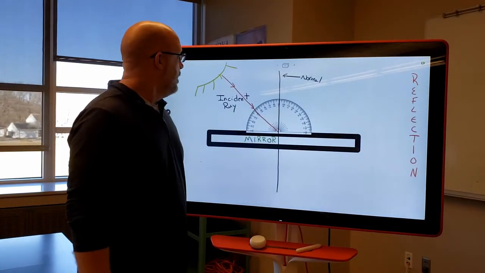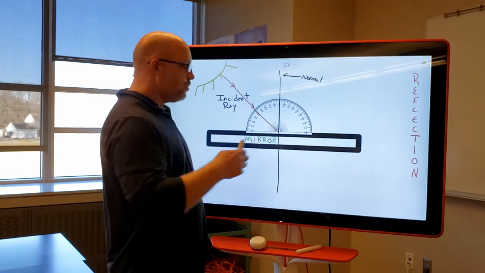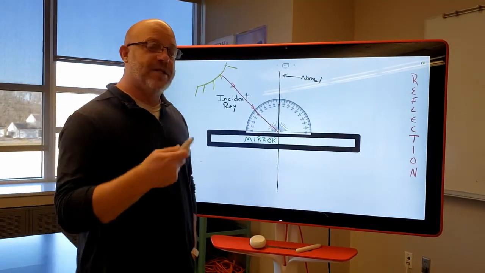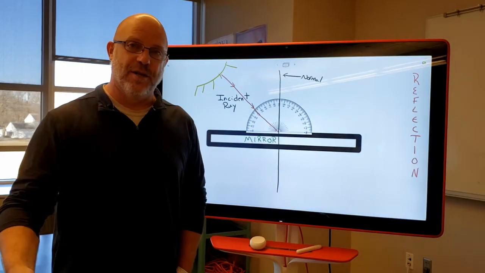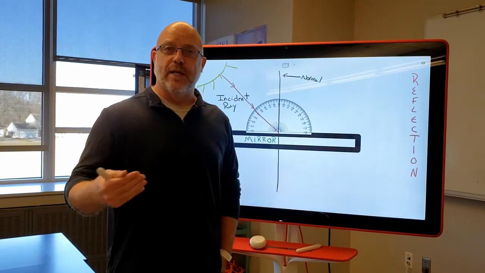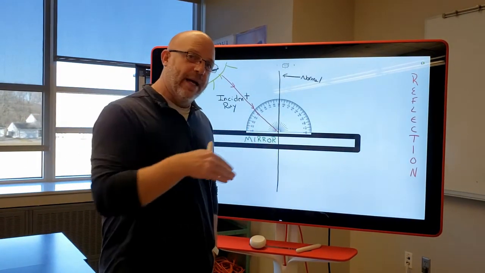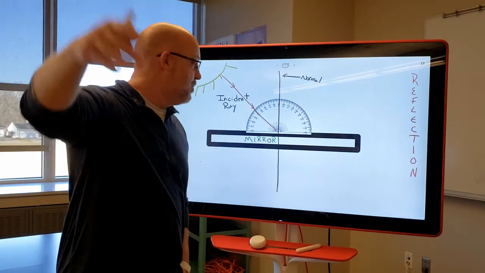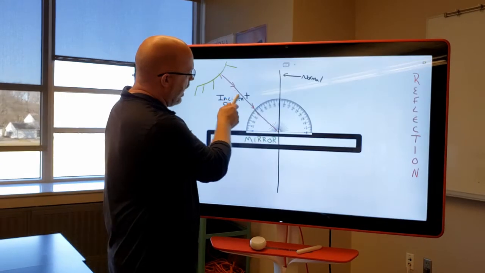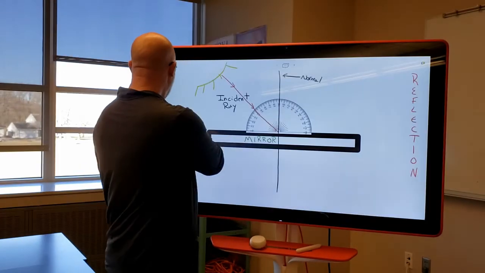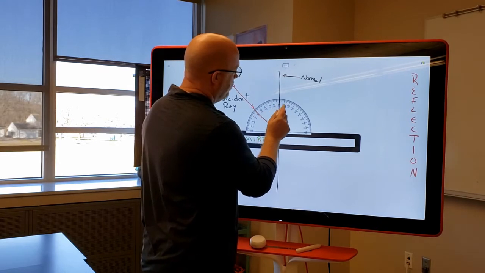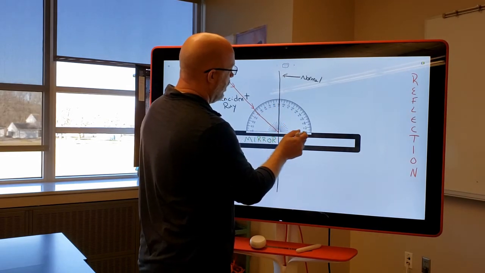All right? Now, here's the fun part. We can tell exactly where the ray is going by understanding the law of reflection. And the law of reflection is really easy. The angle that it comes in equals the angle that it goes out. So if it comes in at 40, then we know it needs to go out at 40.